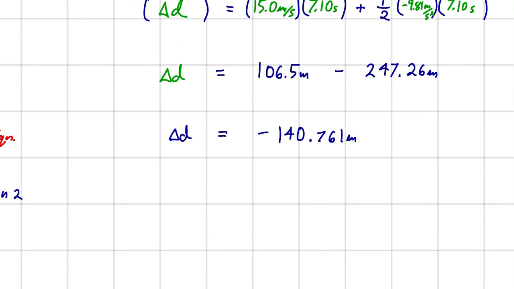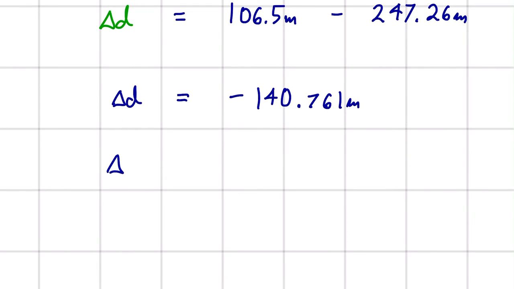So in our final answer, we want to rewrite this with 3 significant digits, so that will be negative 141 meters. Negative 141 meters, and that is our final answer.